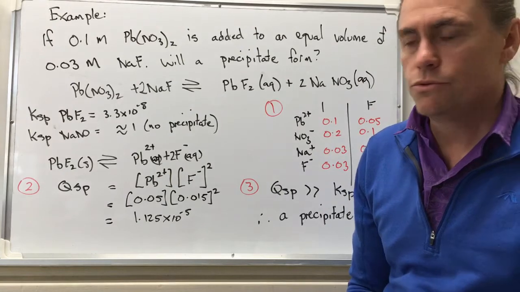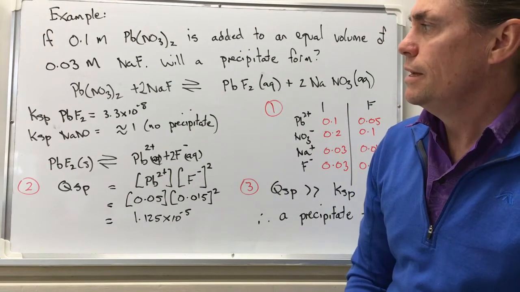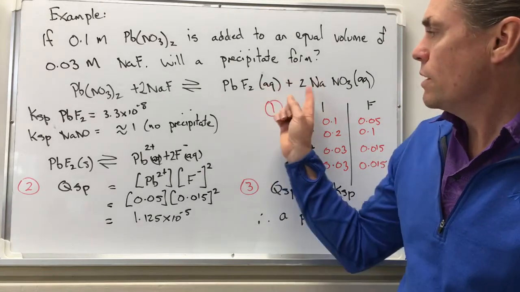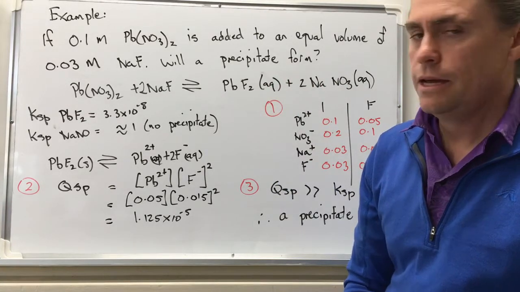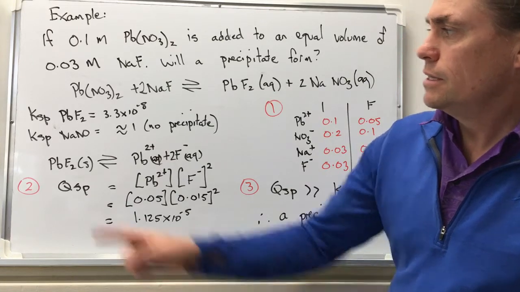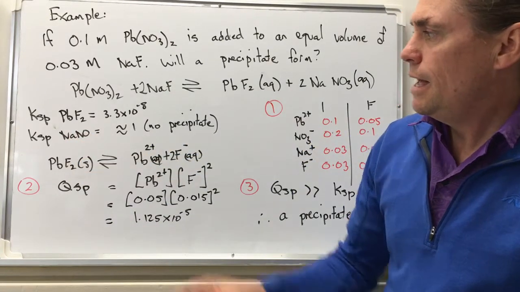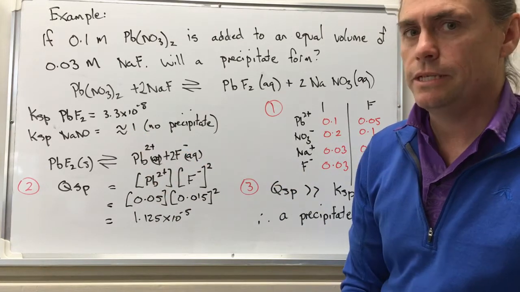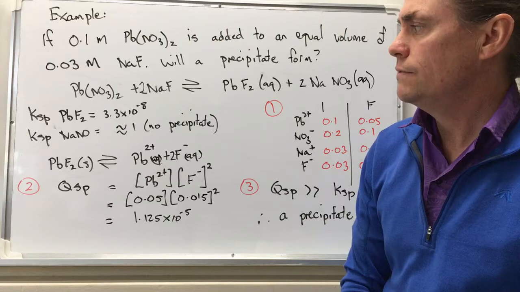Now before we go through this analysis, we need to determine if and when one of these products will form a precipitate. And to do this, we'll need a table, and we look at the Ksp values. Our sodium nitrate often doesn't appear on a Ksp table because it has such a large value.